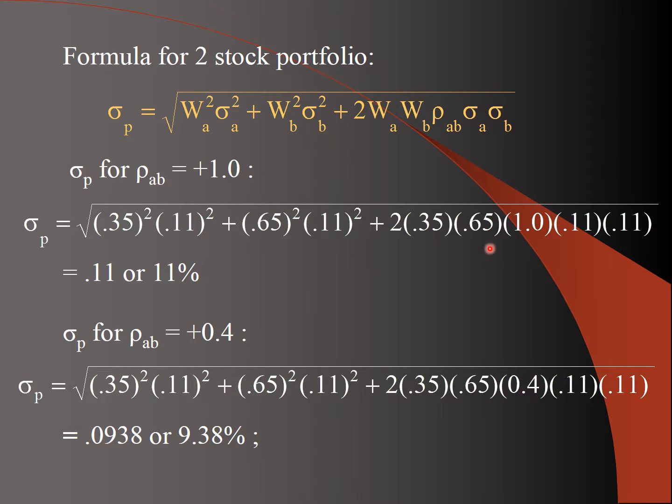And then this last term is taking into consideration how they move against one another. And in this case, they move exactly together, which is why we don't have any risk reduction. In other words, the standard deviation of the portfolio is the same as the standard deviation of the two individual stocks. There's no risk reduction here because they move exactly together.